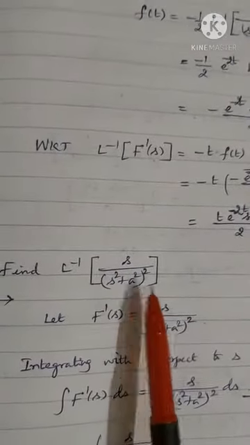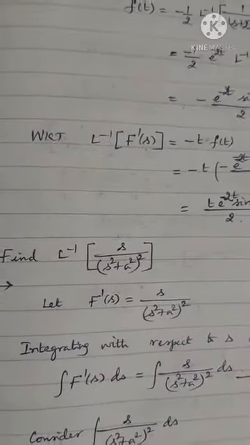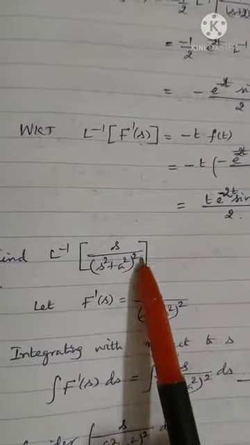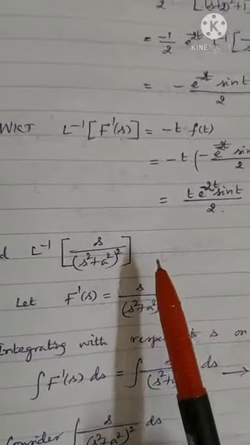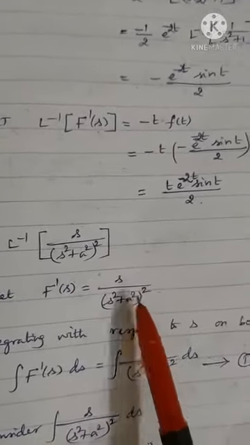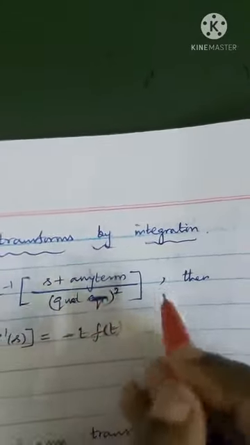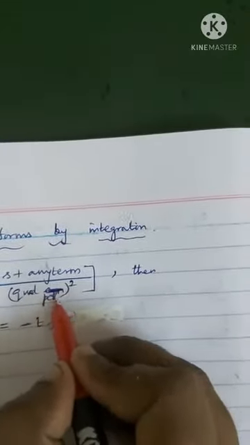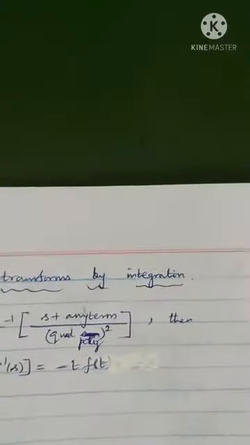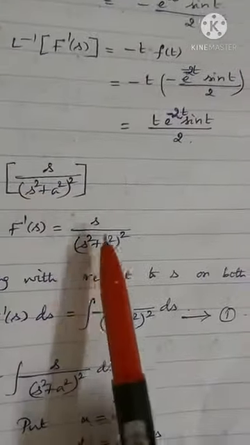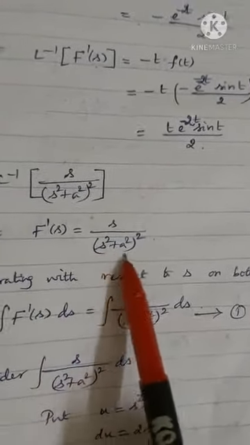If it is a log function, tan function, cot function, see how to do the problem. If the denominator is a quadratic polynomial whole square, not equation, polynomial whole square, see how to do the problem. This is a quadratic polynomial: s square plus 0s plus a square.